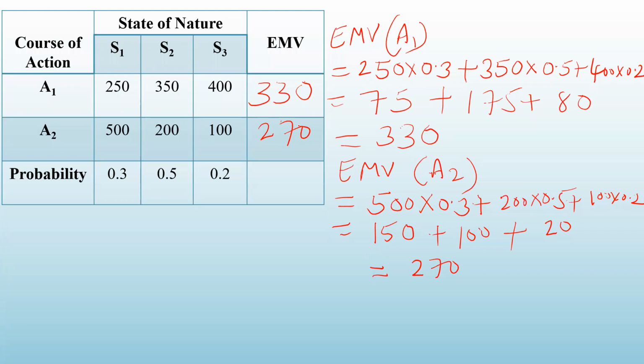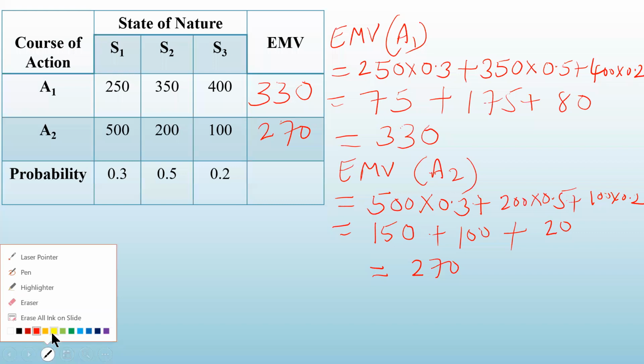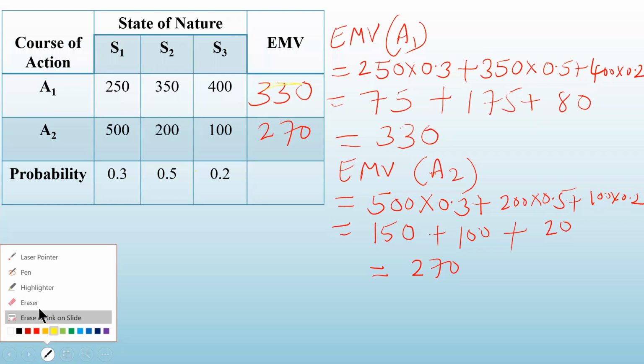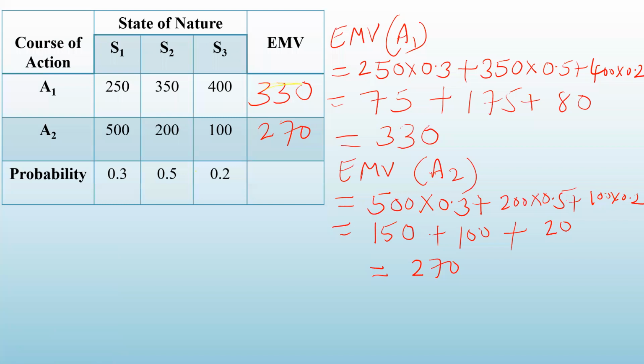Okay. Now we have calculated EMV for A1 and A2. We have to select that course of action which has maximum EMV. So what is the maximum here? Look at here. Let me just highlight it with some golden color. So this is the maximum EMV, correct?